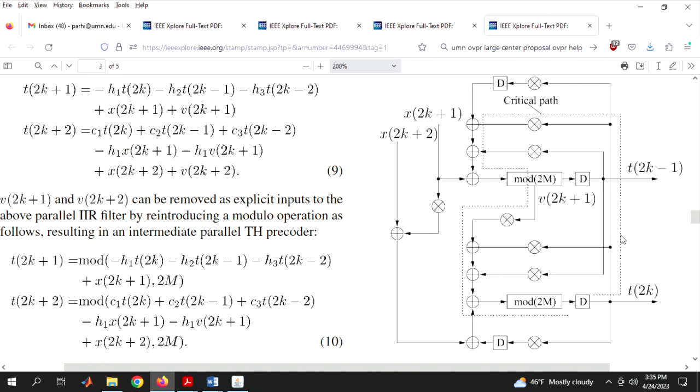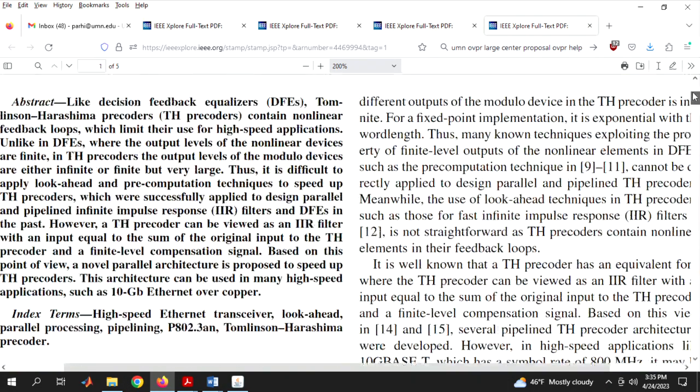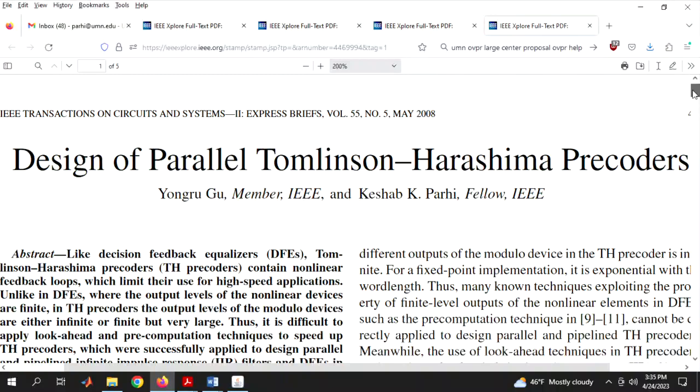I can always tell you all the companies that are selling 10 gigabit Ethernet chips are using this idea. So this was Yongru's PhD thesis. Yongru worked for a number of years at Newport Media and now has his own company.